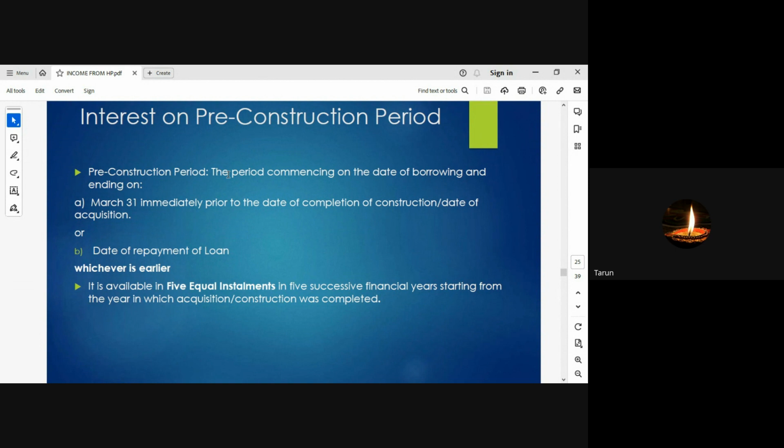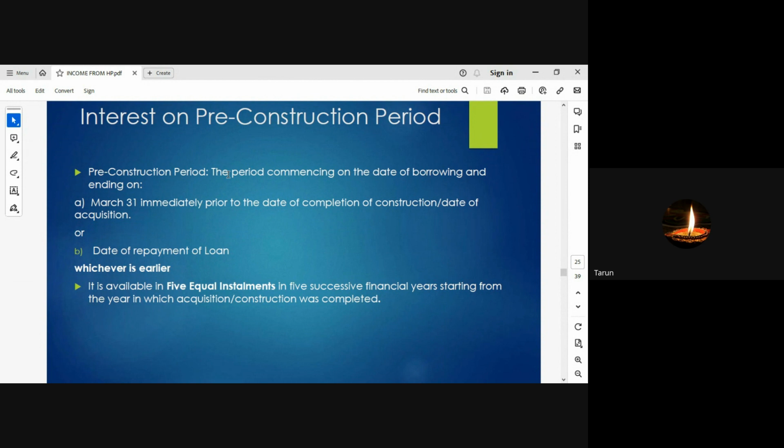The date on which the owner has decided to repay the loan will be given in your practical question. So between March 31st and the date of repayment, whichever is earlier, that date will be considered as the end of the pre-construction period.